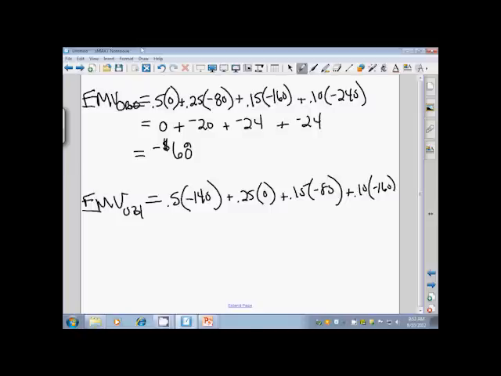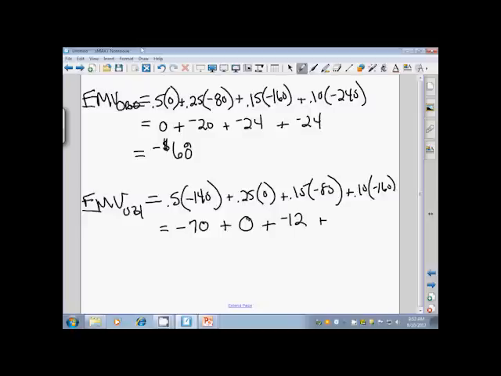Again, I'm going to take the time to do this step by step because that's how I do math. So 0.5 times -140 is a -70. 0.25 times 0 is 0. 0.15 times a -80 is a -12.